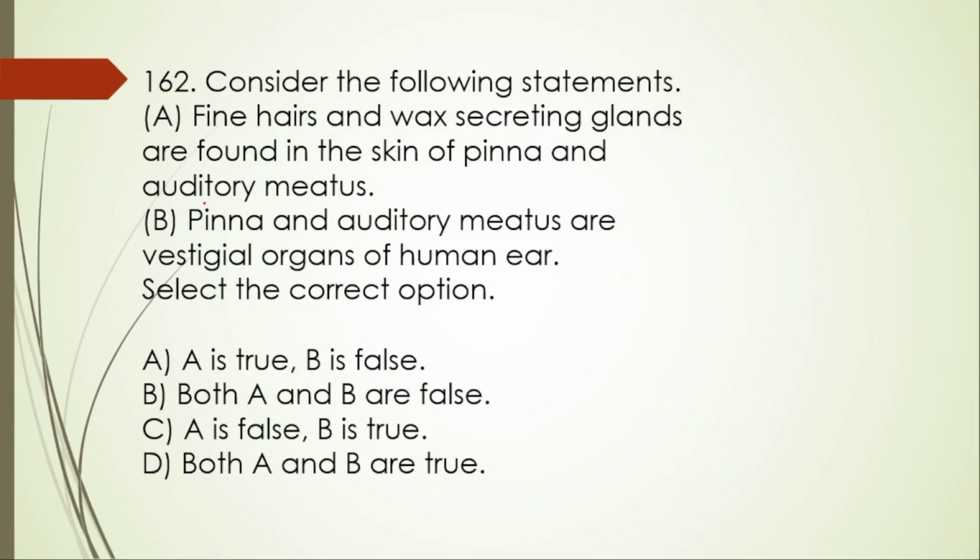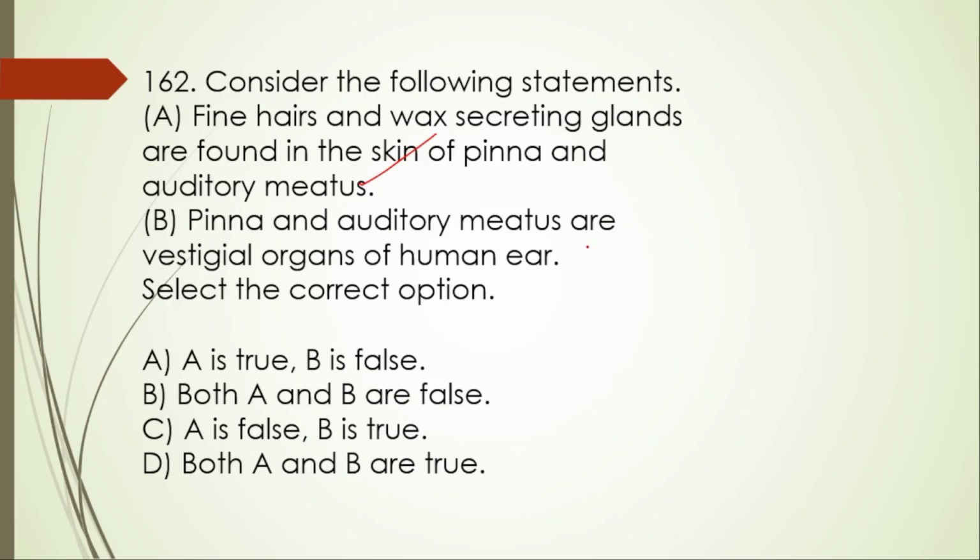162. Consider the following statements. Fine hairs and wax secreting glands are found in the skin of pinna and auditory meatus. Yes, this one is true. Pinna and auditory meatus are vestigial organs of the human ear.